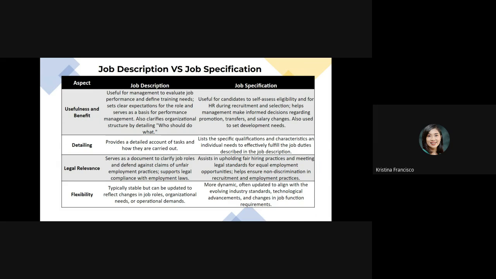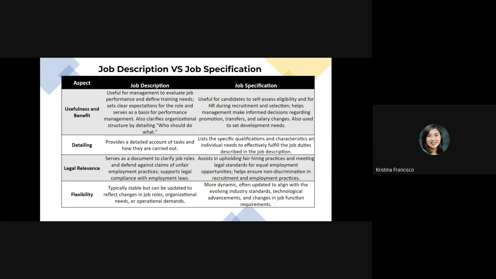We have also detailing. For the JD, it provides detailed tasks and how they are carried out, while the job specification lists the qualifications required to fulfill those tasks. For legal relevance, the job description helps defend against claims of unfair employment practices, whereas the job specification helps ensure compliance with equal opportunity and anti-discrimination laws.